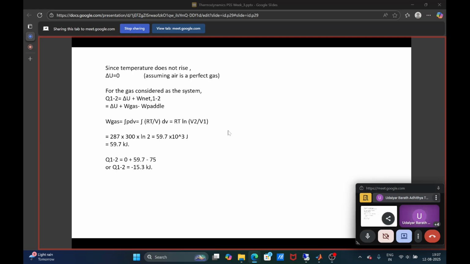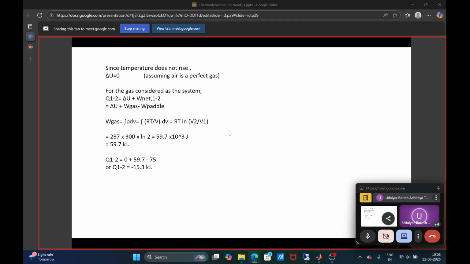So how will we solve this? First, since the temperature is not rising, your delta U is 0. Now if you apply the first law for the system, your net Q is equal to delta U plus net W. Since delta U is 0, net W is the W gas, which is the work done, minus the paddle work.